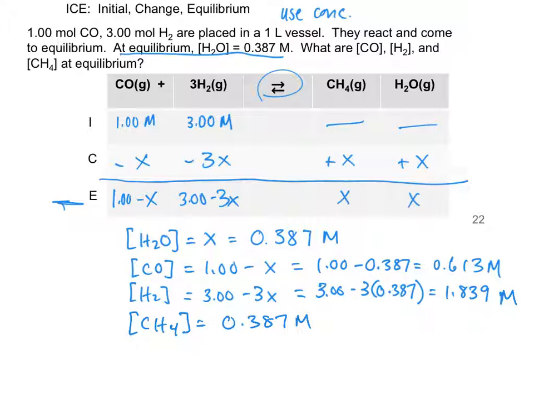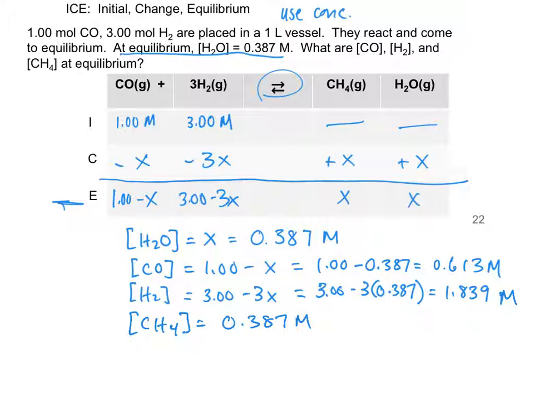That's not always the case. Sometimes we can make assumptions about the size of x in relation to the starting materials and ignore a small value of x. We'll get to that in a little bit. But there are definitely mathematical ways to do it.